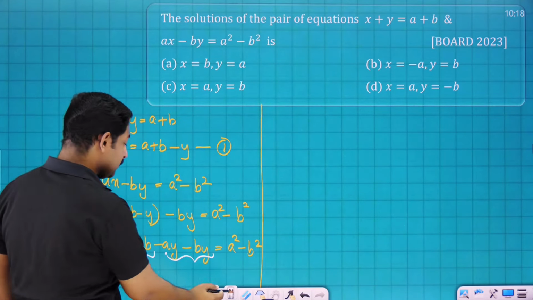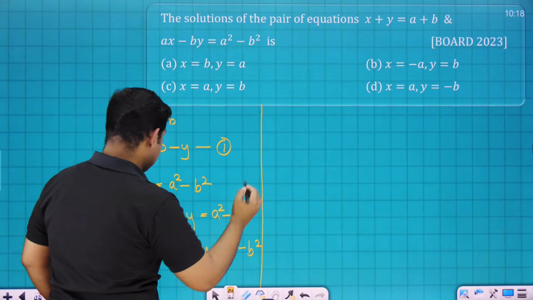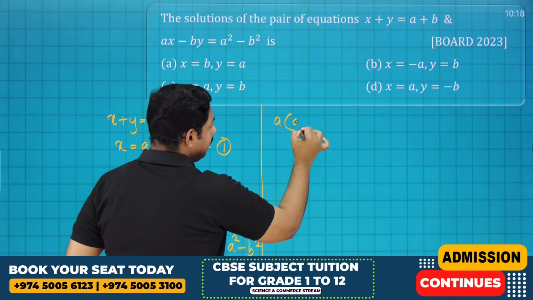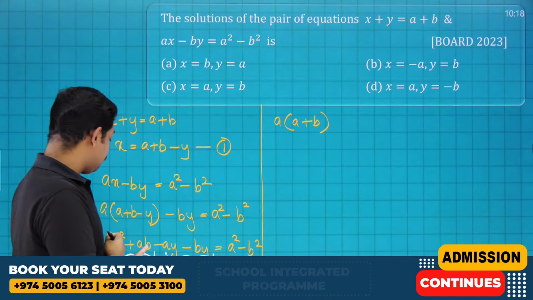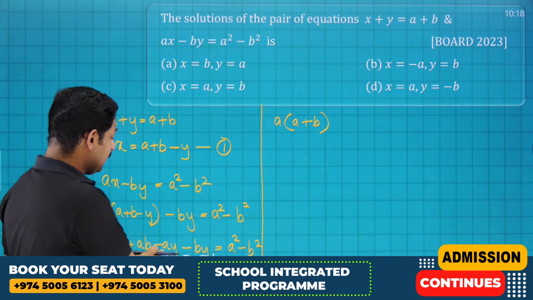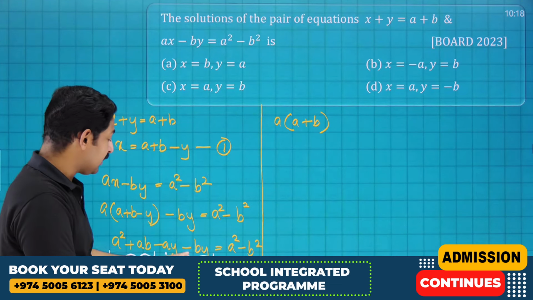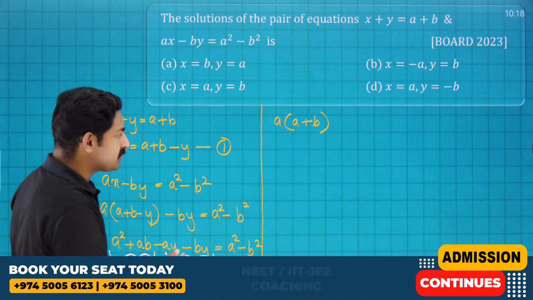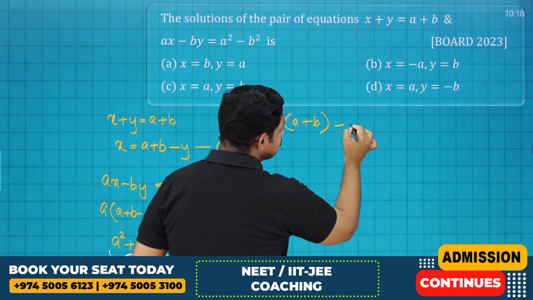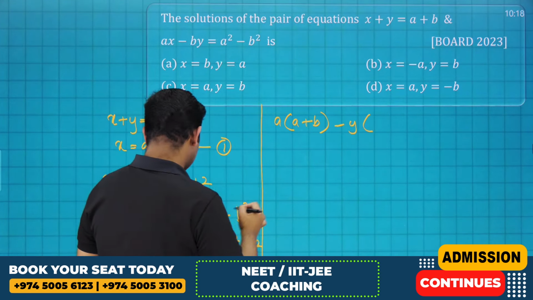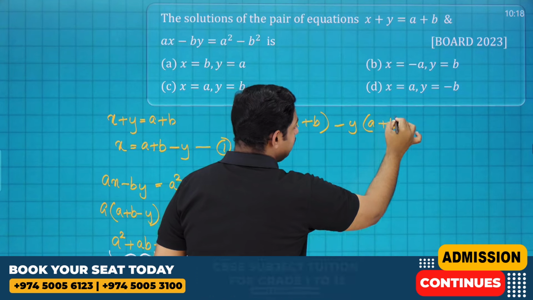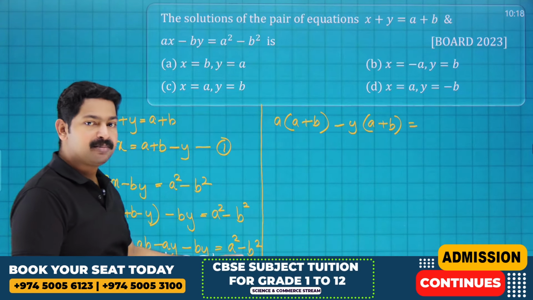So a into a plus b, then minus y into a plus b is equal to, on the right side, a square minus b square.